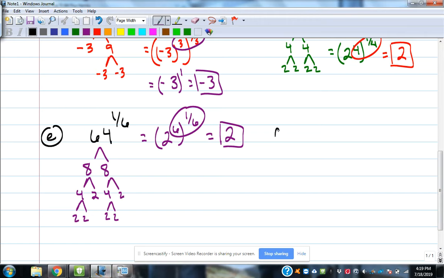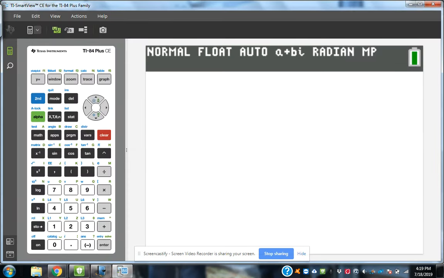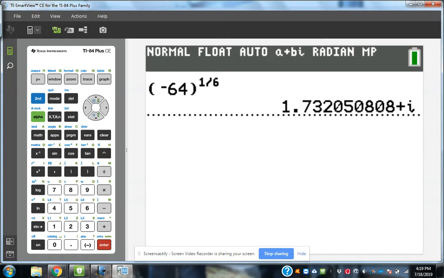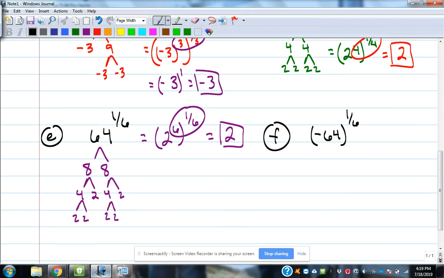One thing that can come up here is if you had a -64 to the 1/6. If you tried to do that with your calculator, if I typed in -64 raised to the 1/6, notice what it gives me. Mine gave me this complex number, and that's telling us that this is a non-real solution.